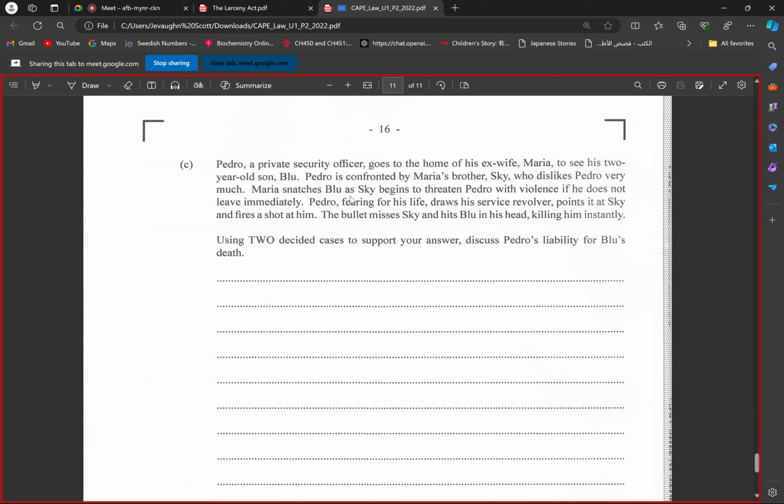Maria snatches Blue as Sky begins to threaten Pedro with violence if he does not leave immediately. Pedro, fearing for his life, draws his service revolver, points it at Sky and fires a shot at him. The bullet misses Sky and hits Blue in the head, killing him instantly. Using two decided cases to support your answer, discuss Pedro's liability for Blue's death. What's the first thing that we see?